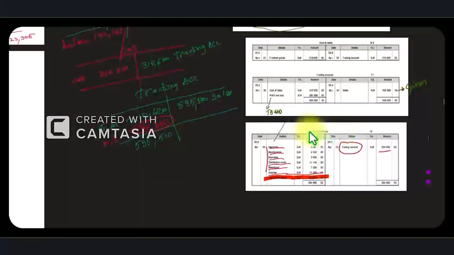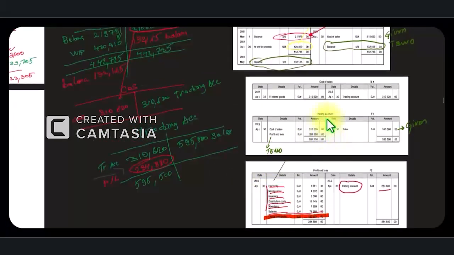And here the profit and loss account is to show us what is really the actual net profit. So that's why on your right hand side, you will get your trading account. Normally, the trading account should be this side, right? All the accounts are the same. If you remember here, the previous account always is on the left side, and the next account will be on the right side.